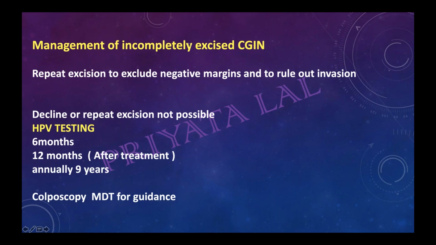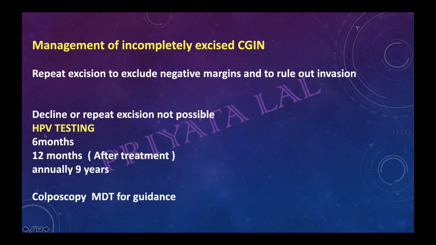This is very important for both people. Now your patient says, no doctor, I will not go for repeat excision, you are doing so many surgeries, I am not ready. Then what will you do? Your patient is adamant. You will say, okay, if you don't want repeat excision, we have to keep you under follow-up for 10 years.